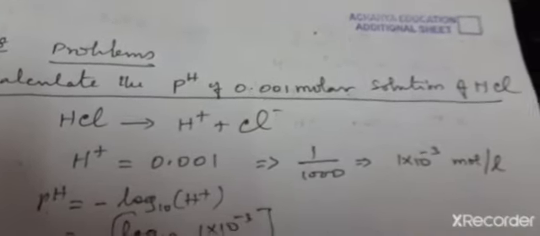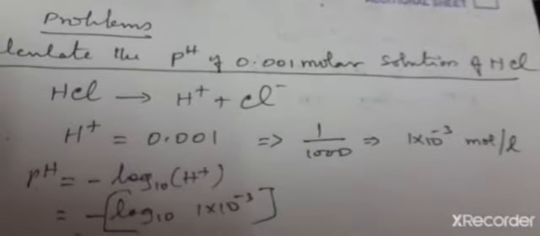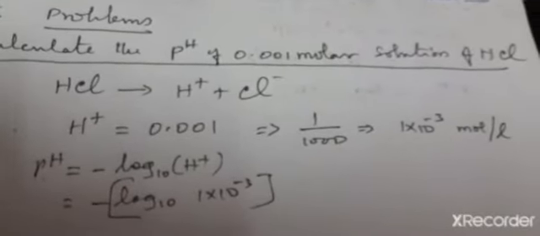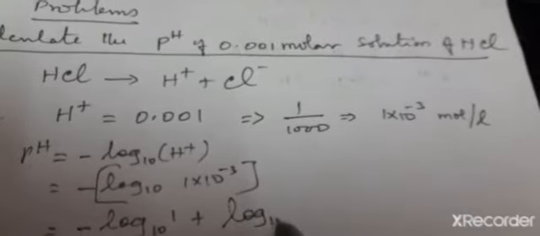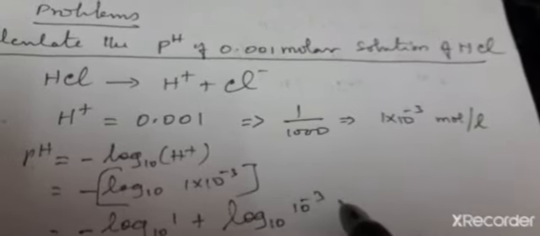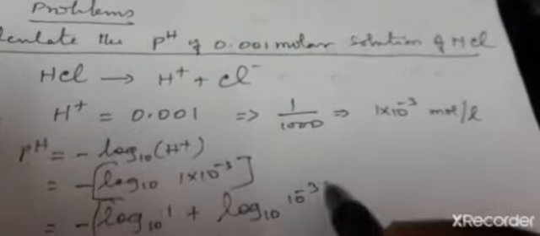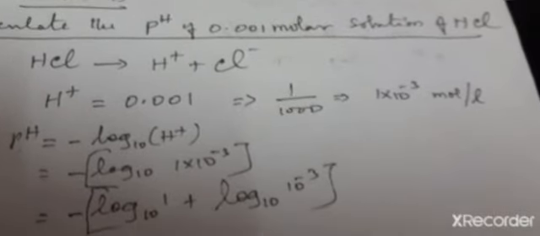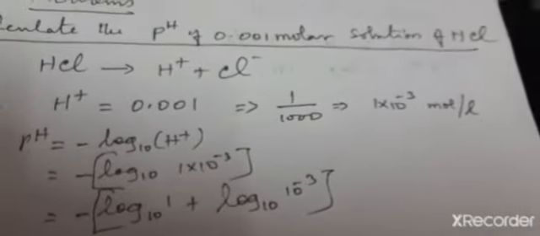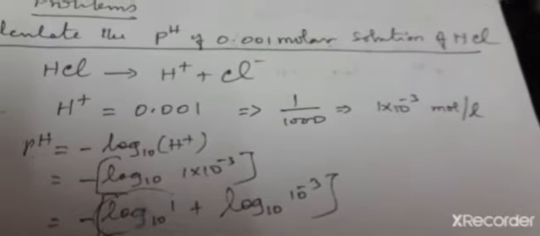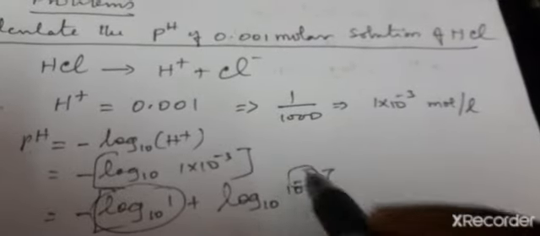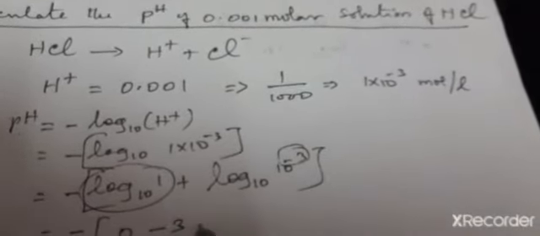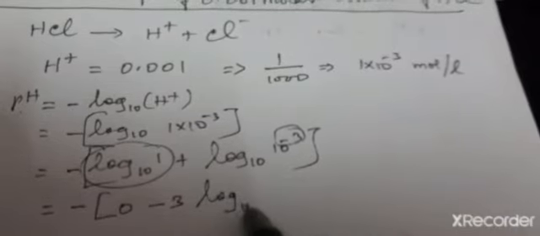Now you can write this according to the log 10 A into B formula: minus log 10 1 plus log 10 power minus 3, in the expanded form. Now log 10 of 1 is 0, that everyone knows. Then bring this minus 3 here, so minus 3 log 10.